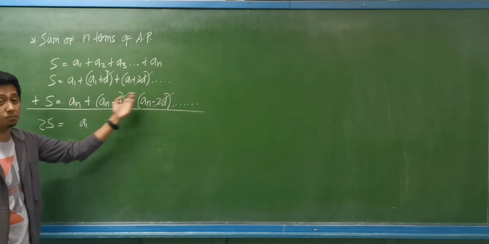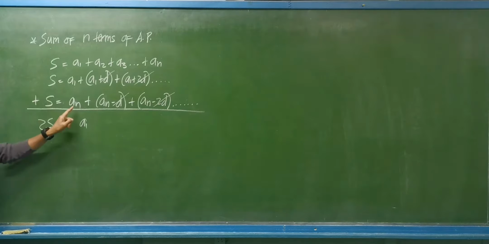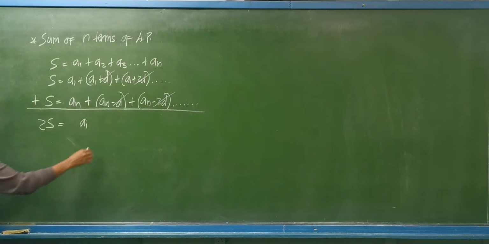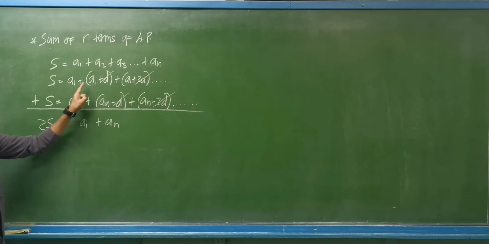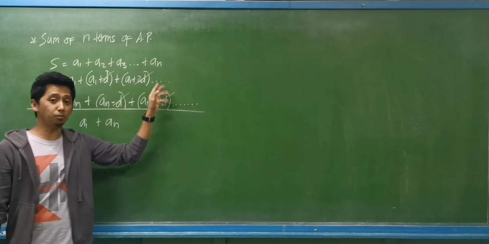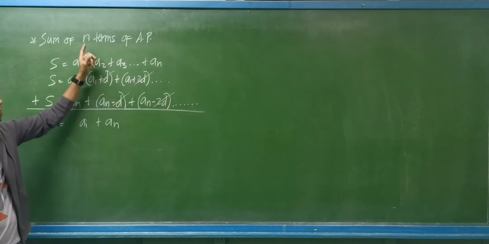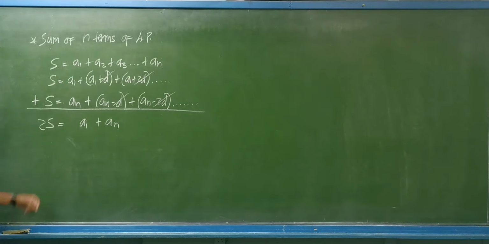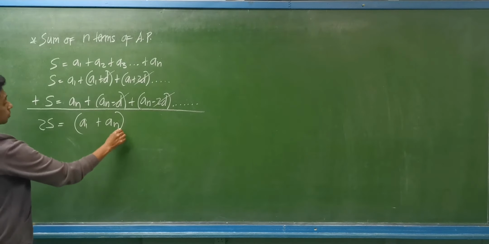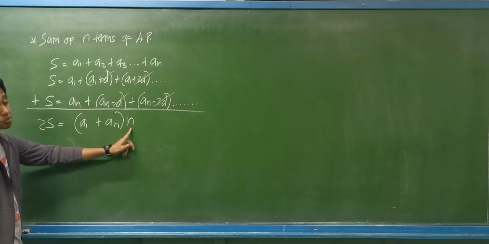And the remaining terms from the second equation are a sub n, the nth or last term. The question is, how many a sub 1? Take note, we are dealing with the n terms of an arithmetic progression, so the number of remaining a sub 1 and a sub n is n terms.